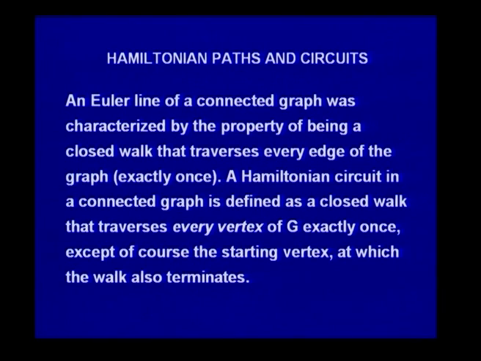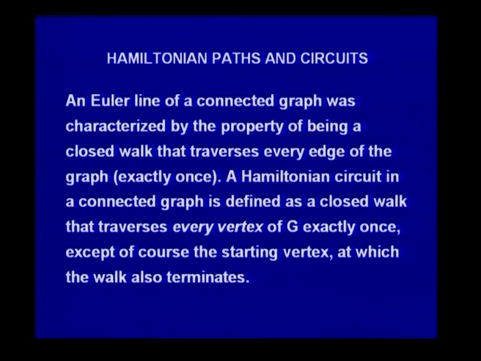Now, we have seen what is meant by an Euler graph. We shall see what is meant by a Hamiltonian path and circuit. An Euler line of a connected graph was characterized by the property of being a closed walk that traverses every edge of the graph. This is what we have seen now.